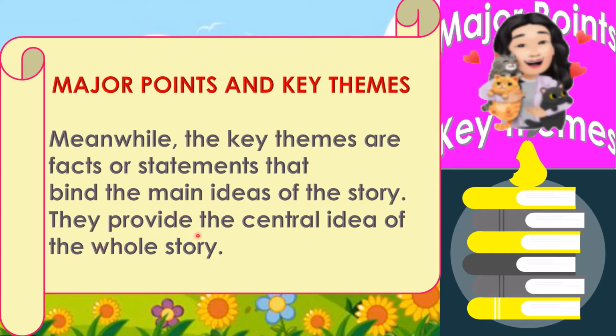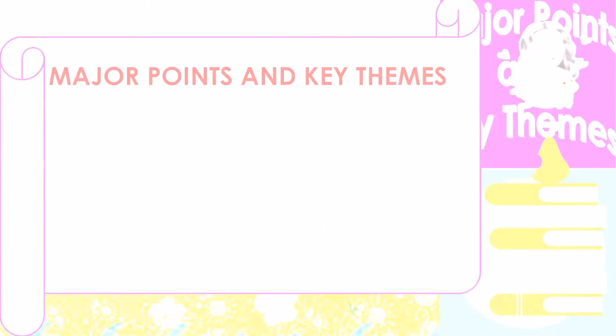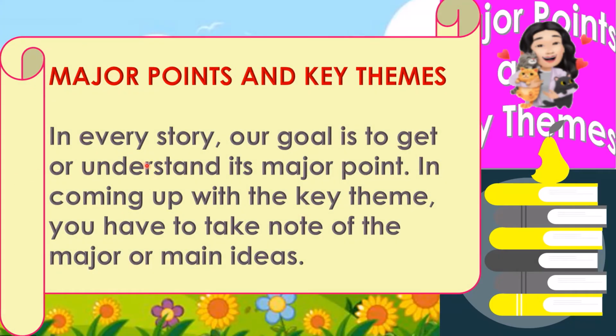They provide the central idea of the whole story. In every story, our goal is to get or understand its major point. In coming up with a key theme, you have to take note of the major or main ideas.